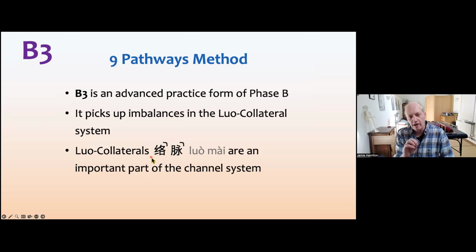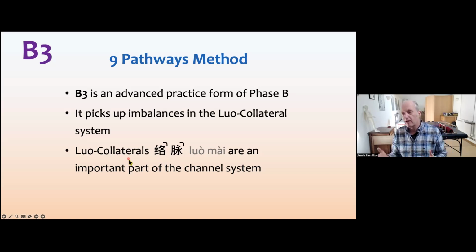The Jing is the primary channels, and the luo are the channels that go out horizontally out of these vertically running primary channels. This is luo mai, which means the luo collaterals.